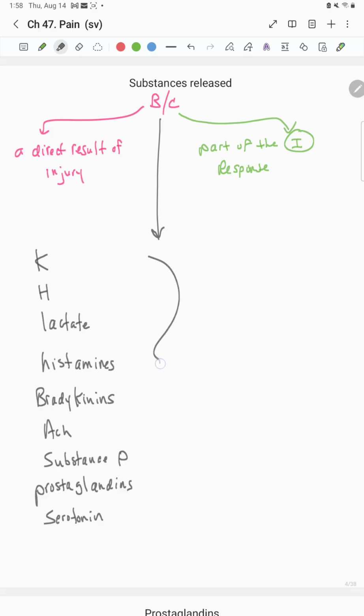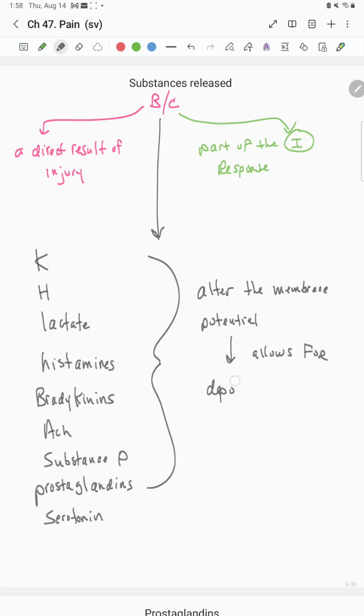Okay, these things are designed to alter the membrane potential. Okay, this allows for depolarization, which is the action potential.